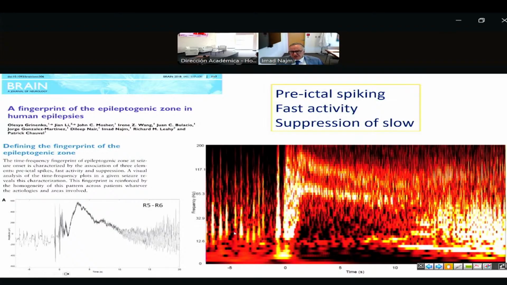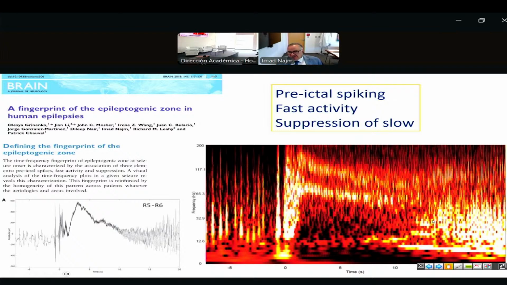In the beginning, you have fast and slow activity together. But at the beginning of the seizure, you have a burst of fast activity, and there is like a double band in the gamma range at the beginning of the seizure with almost absence of any slow activity.